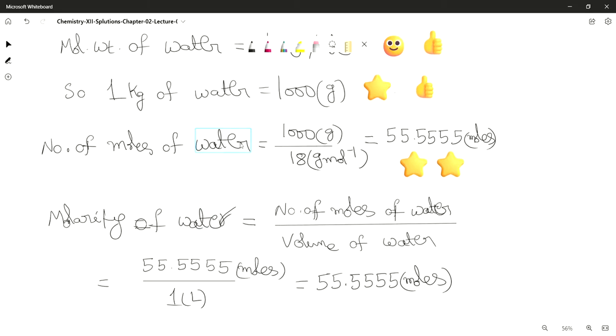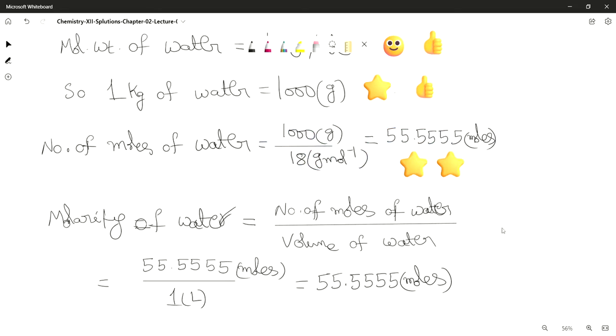The number of moles of water in 1 kg of water is 1000 by 18, that is 55.5555, and it continues further. This is a very important number to remember.